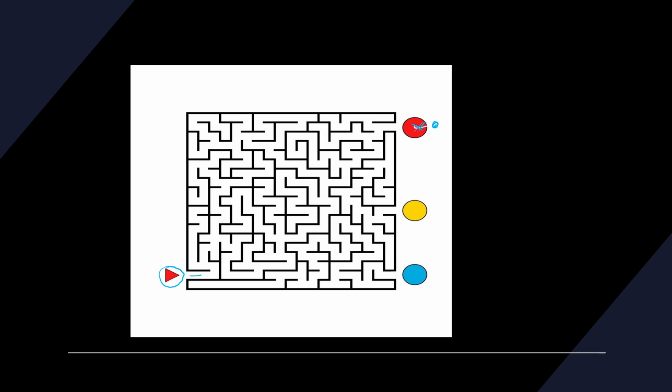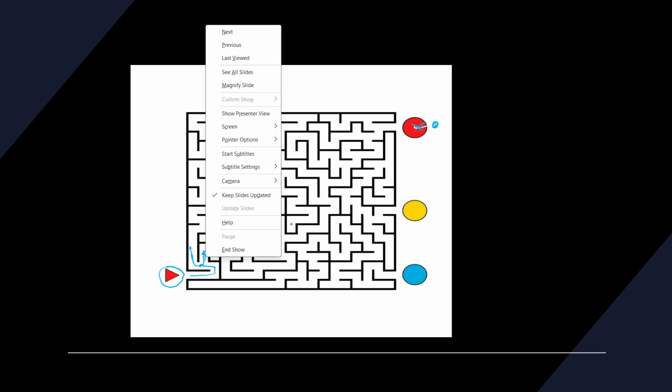The agent starts this way, and at this point it has two paths. In classical search, the agent will explore each path sequentially: first this path, then the second path.